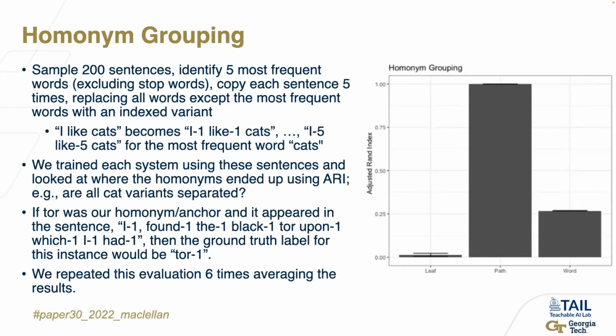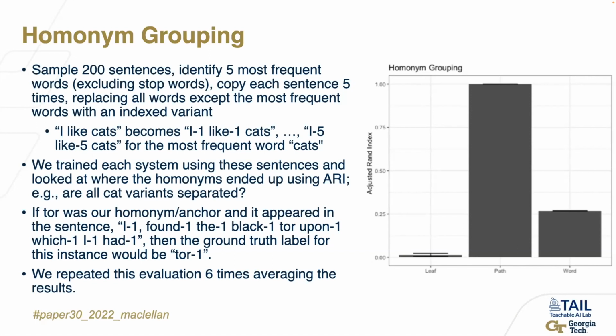So if we have the sentence, I like cats, it would become, I-1, like-1, and cats. So we would replace all the words around cats with the index variant. And what this does is it gives us sentences where we have the same word, cats, but the context is always different between them. So they have completely different contexts.